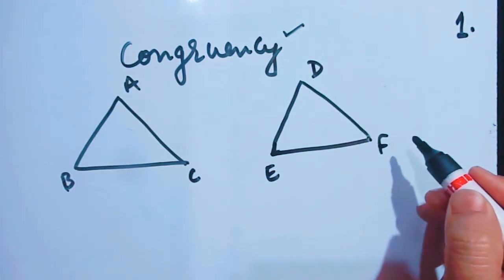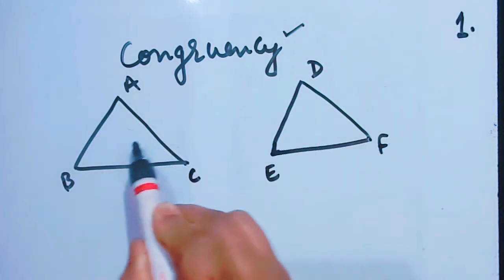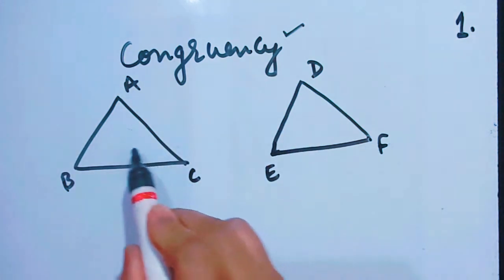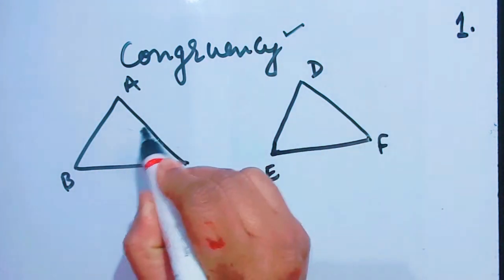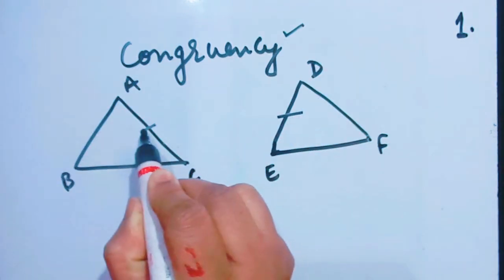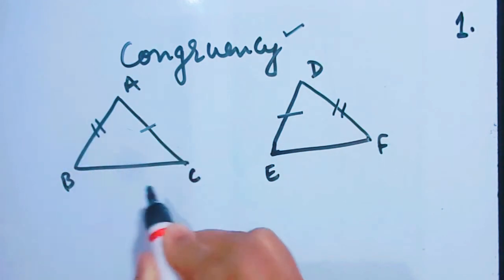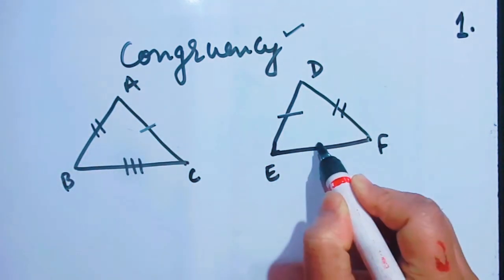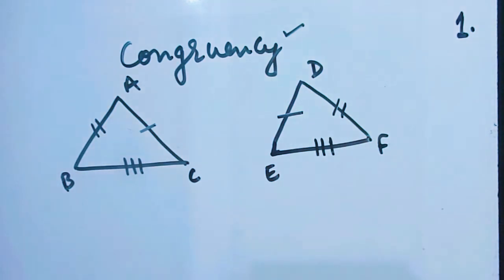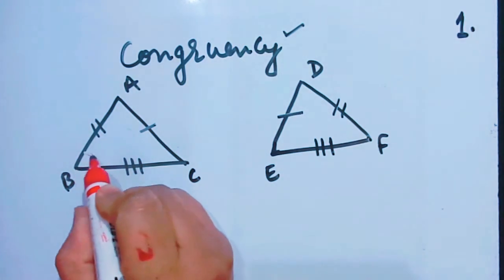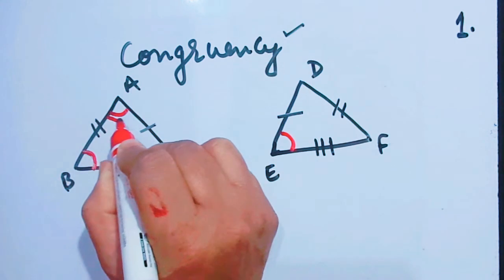Now here we say that these two triangles are congruent. These two triangles are congruent means that all the sides of one triangle should be equal to the other. All three sides of one triangle should be equal to the three sides of the other, and all the angles of this triangle should be equal to the angles of the other one.